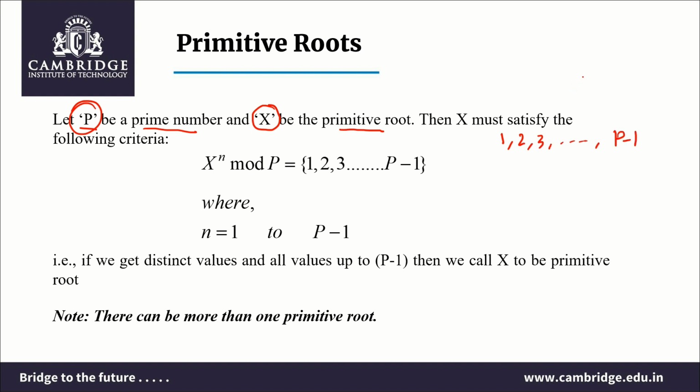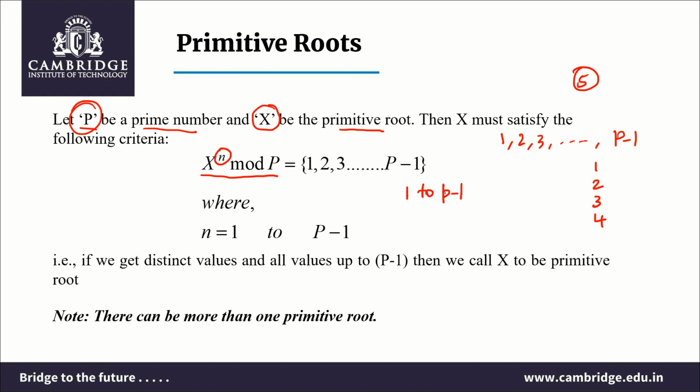Suppose p is 5, then when I perform this modular operation, I should be able to get 1, 2, 3, 4 as remainders. Now, what is this n? This n is any value from 1 to p minus 1.